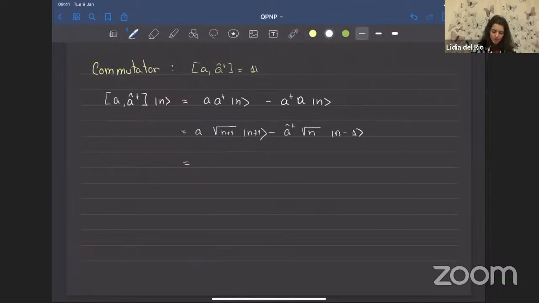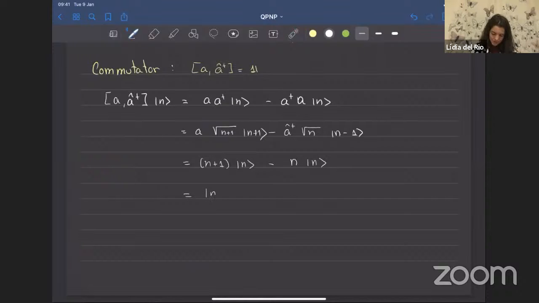Now we apply the operator A here. So we get another factor of square root of n plus 1. And then here we get n again, minus, what did we have here? n minus 1, but now we act on it with this operator. So we get a factor square root of n again, so we'll get n. And now it's very easy to subtract these two terms.